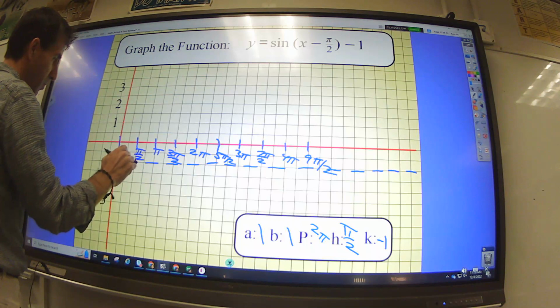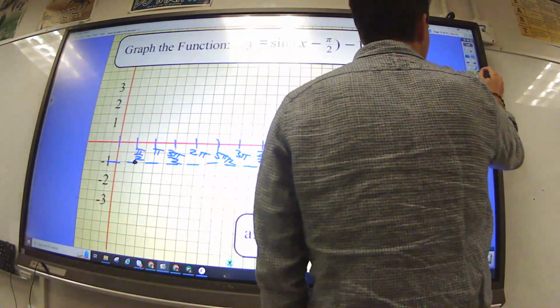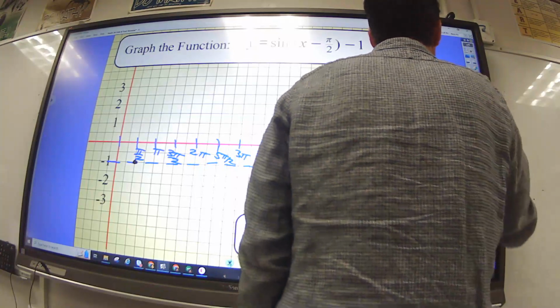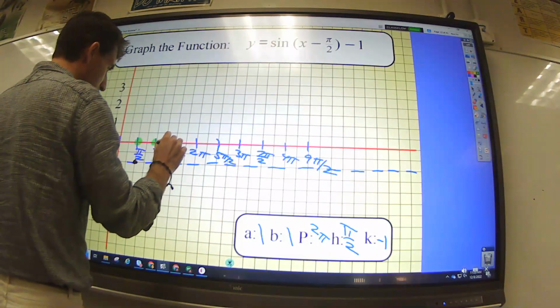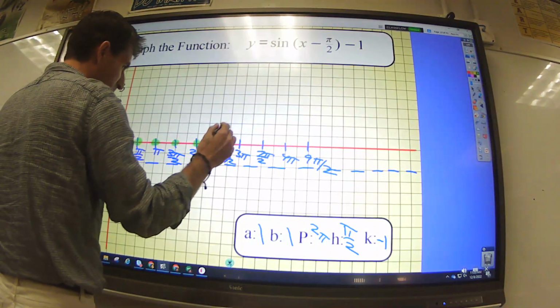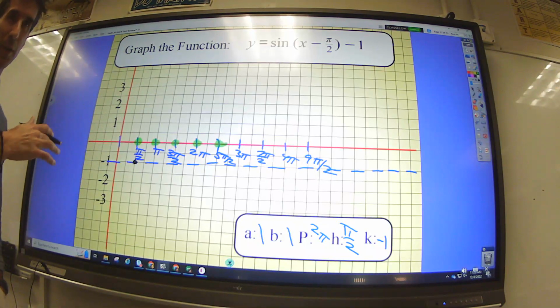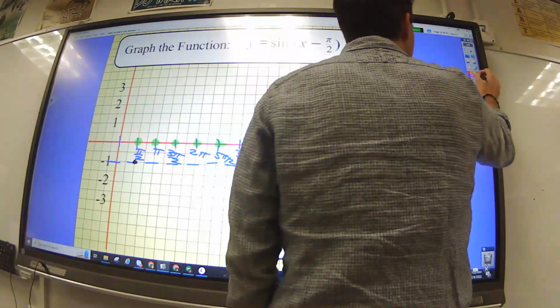So my 5 key points are going to be 1, 2, 3, 4. You could do whatever you want. That's just what I do to keep track of my 5 key points. If you want to do a highlighter or whatever, or mark it, I don't care. So those are my 5 key points.